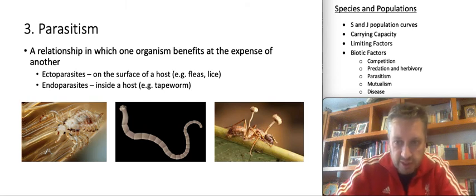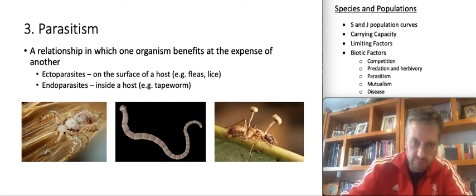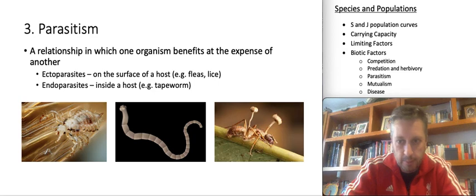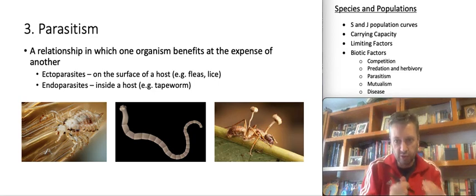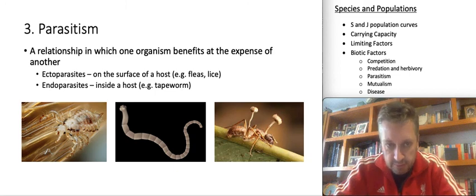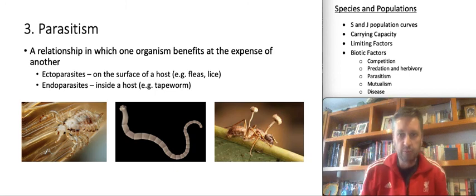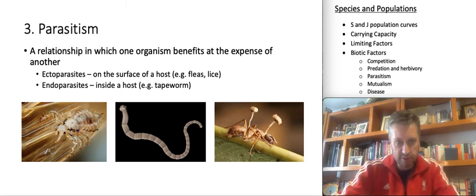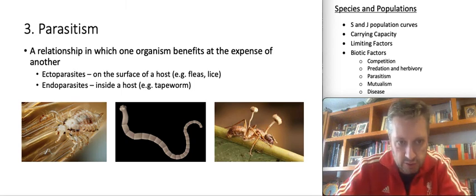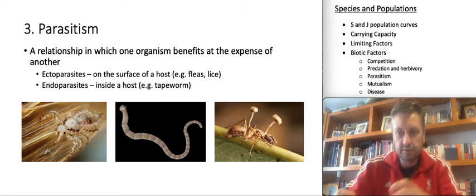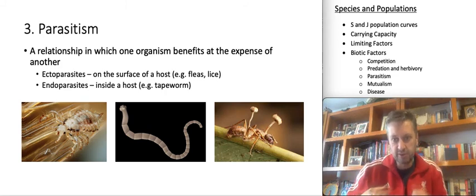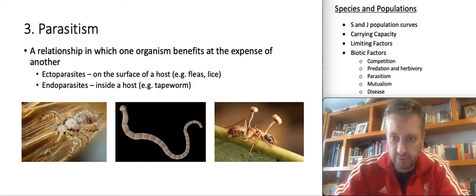Number 3, parasitism. We'll look at this in a bit more detail in the classroom. Parasitism is where one species lives on or in another species. They can be plants, animals, fungi, and we refer to them either as ectoparasites, as you can see here on the surface, or endoparasites within the host. The thing about parasitism is that a parasite is never favourable for the host.